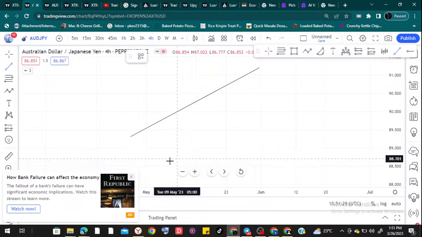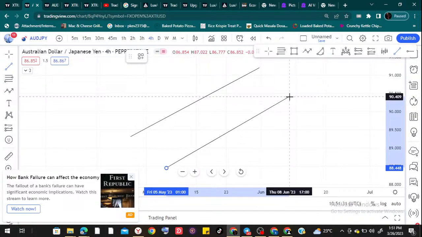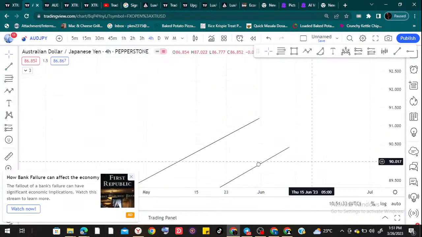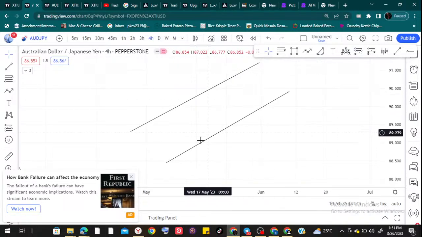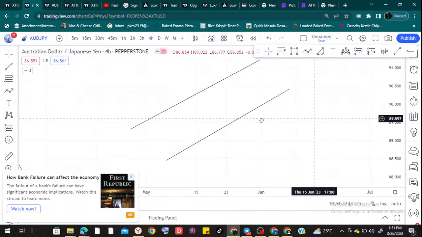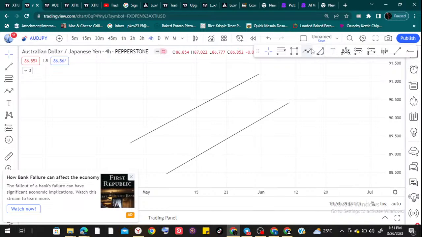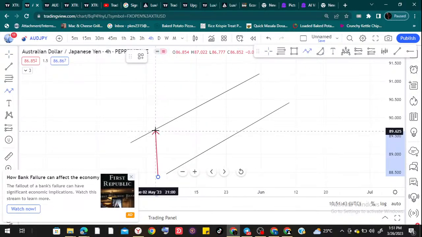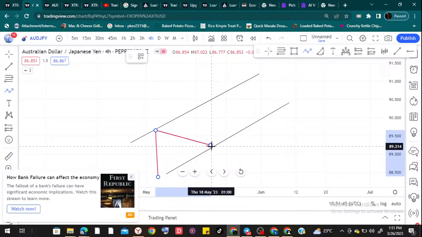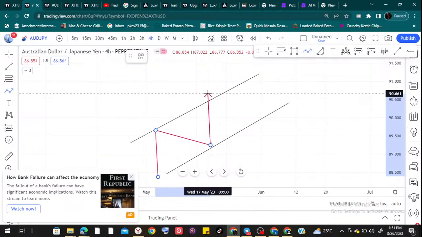The change of character should help you know when there is a reversal. Same with the BOS, that is the break of structure. Let's say this was our market, it was moving up, we're on an upward trend. Remember, it should be forming higher highs.